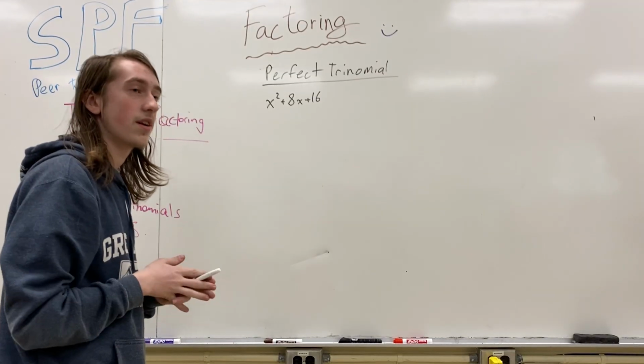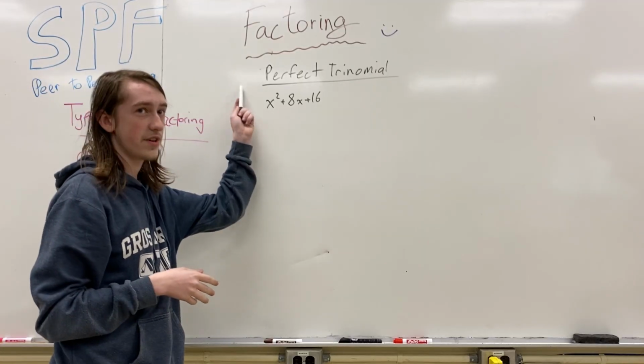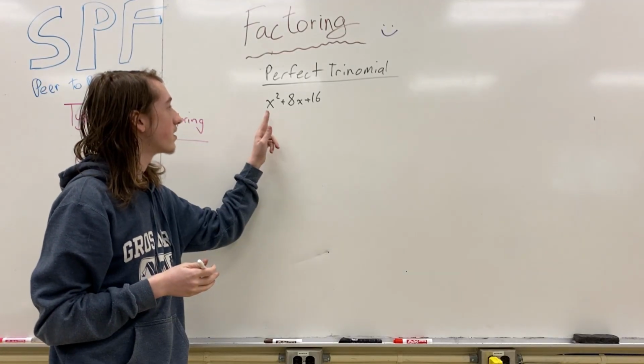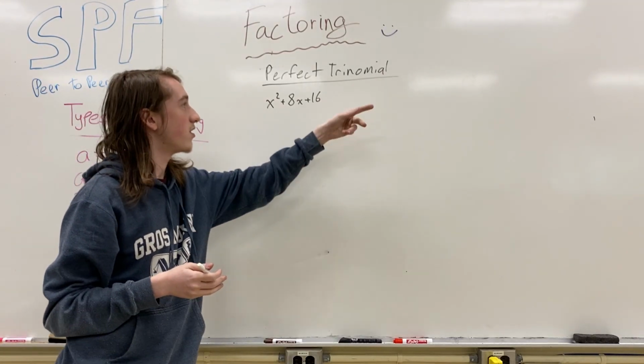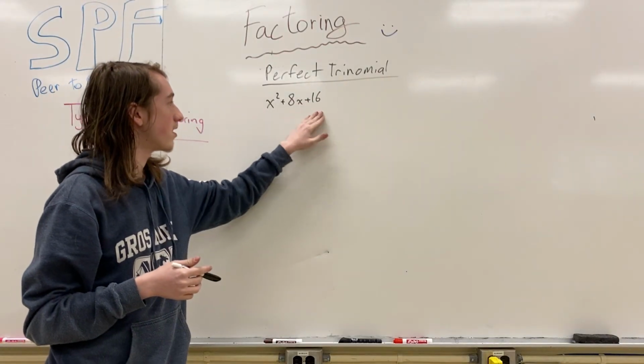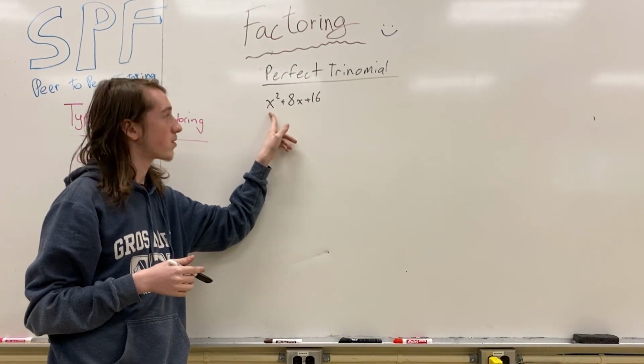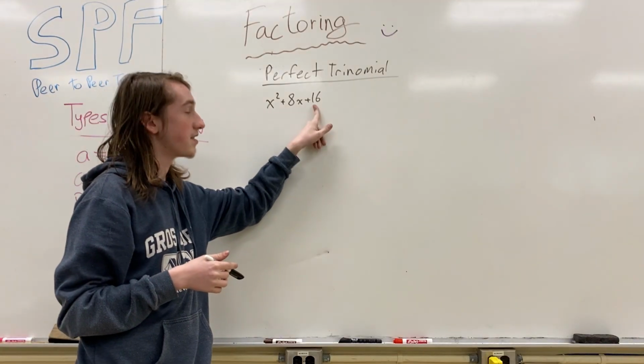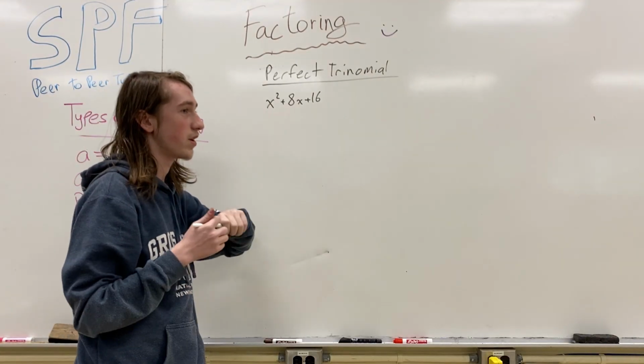All right, so now we're gonna learn how to factor a perfect trinomial. So, as you can see, this has 3 terms, which means it is a trinomial. But to check if it's perfect, we look at the first and the third term. This one is a perfect square because it's just x squared, and 16 is also a perfect square because it's 4 squared.